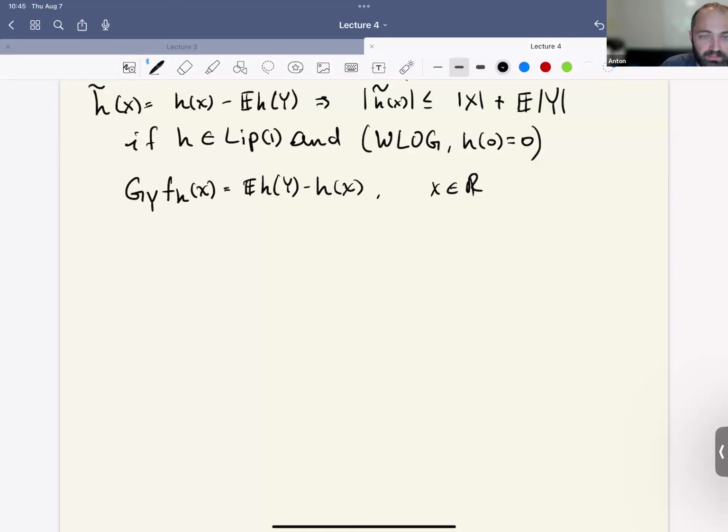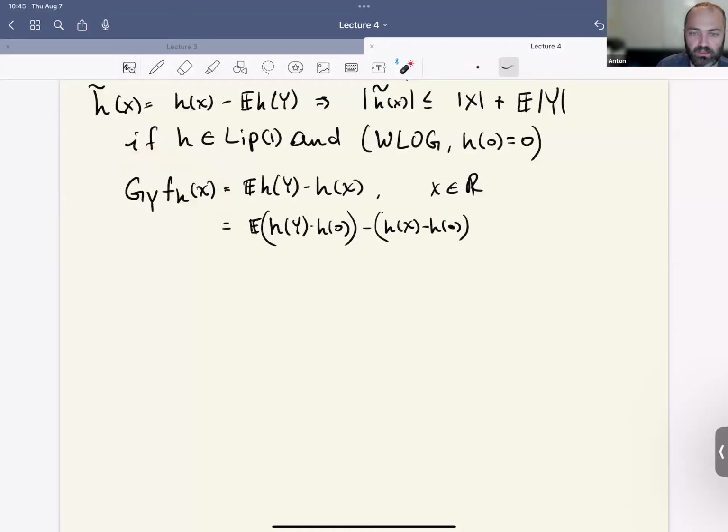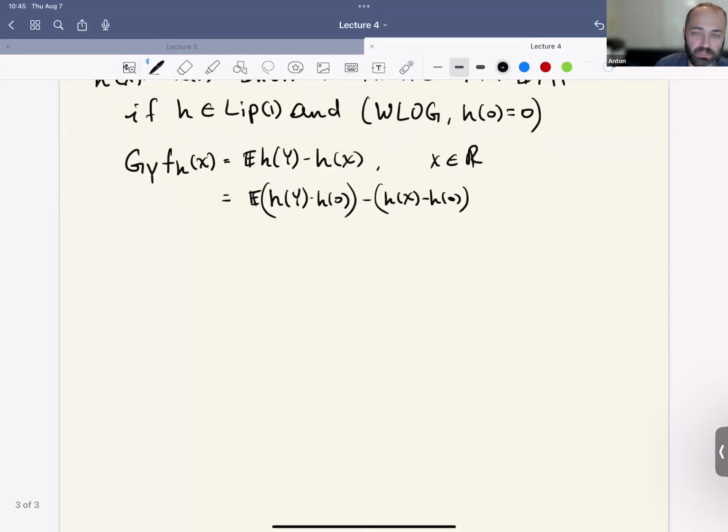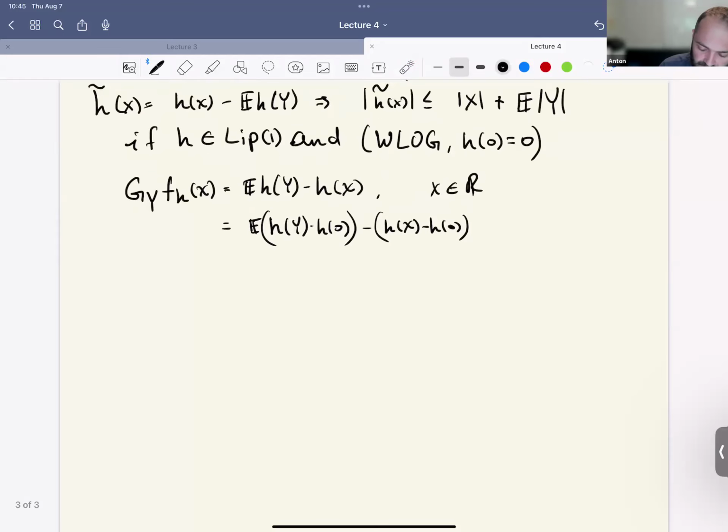I can define the Poisson equation for expected value h of y minus h of 0, minus, no expectation, h of x minus h of 0. So I just recenter everything, okay? And the value of the right-hand side doesn't change. And so the Poisson equation solution actually doesn't change either. So without loss of generality, h of 0 is 0, and this bound is the important one. This is for Lipschitz, okay?